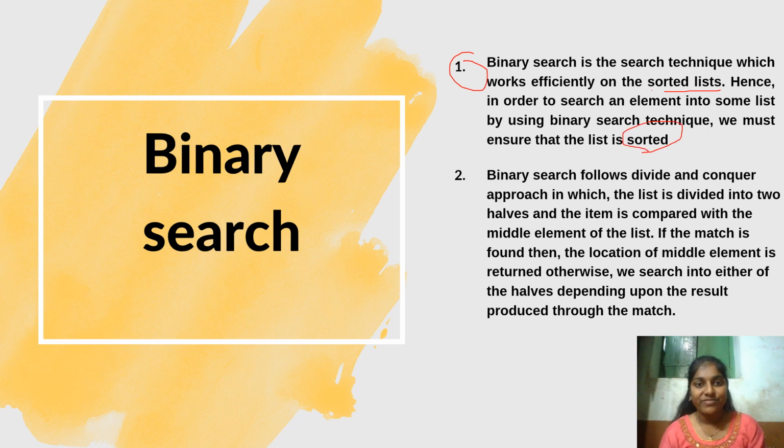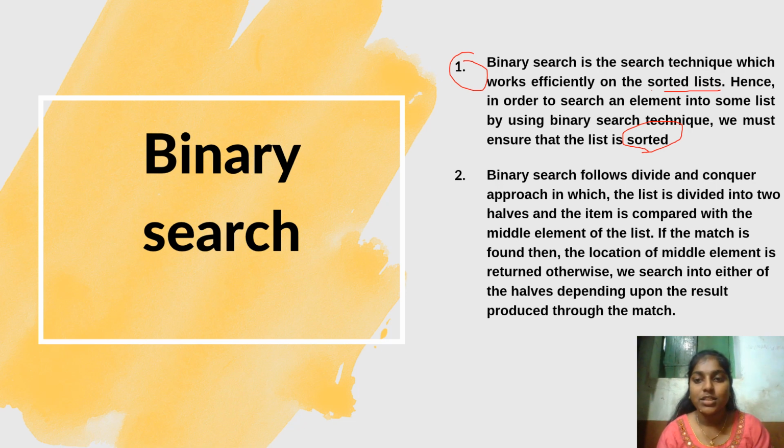So if we need to find an element in a list by using binary search, we need to make sure that the particular list or array which we are going to give is in sorted order. If it's not in sorted order, then we need to sort it by using any of the sorting techniques we have, as sorting is another application of array. We have that also, we can sort it.